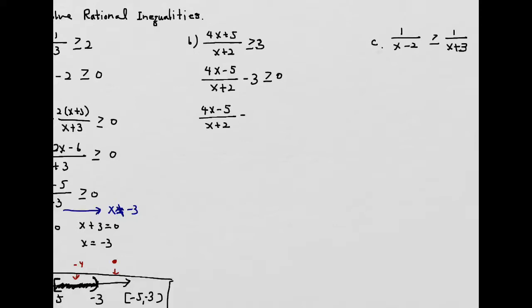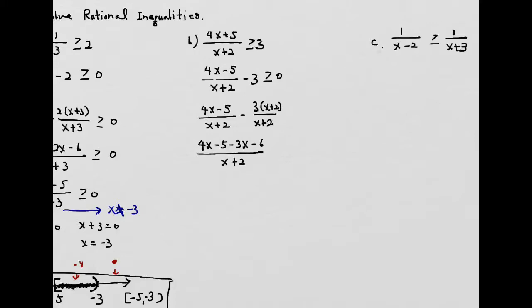And you want to make the denominator x plus 2. So you need to multiply 3 by x plus 2. Then you get 4x minus 5 minus 3x minus 6 on the numerator, and the denominator is x plus 2.